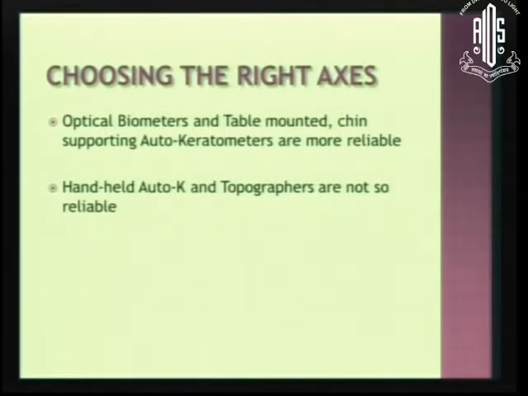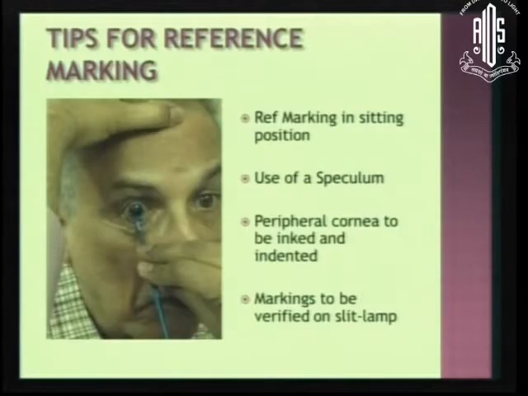Remember that optical biometers and table-mounted chin-supporting autokeratometers are more reliable as compared to handheld auto K, where your pronation and supination of the hand will give rise to a difference in the axis. Topographers also, again because they measure over the entire cornea.